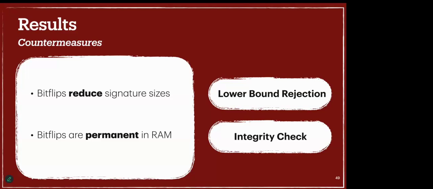Since we will be able to observe the shift in the signature size, we can implement a lower bound below which we will reject signatures. And to ensure that the RCDT is still intact, we can also perform an integrity check, like a checksum by hashing the RCDT, for instance, or anything that is a bit less costly.